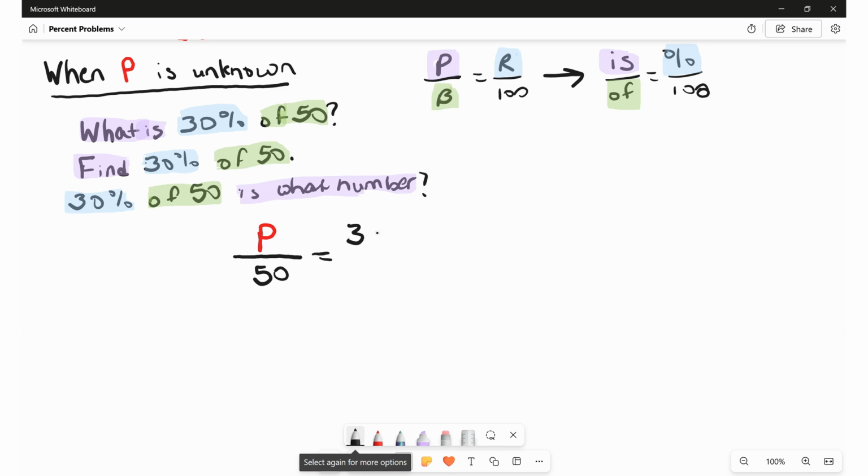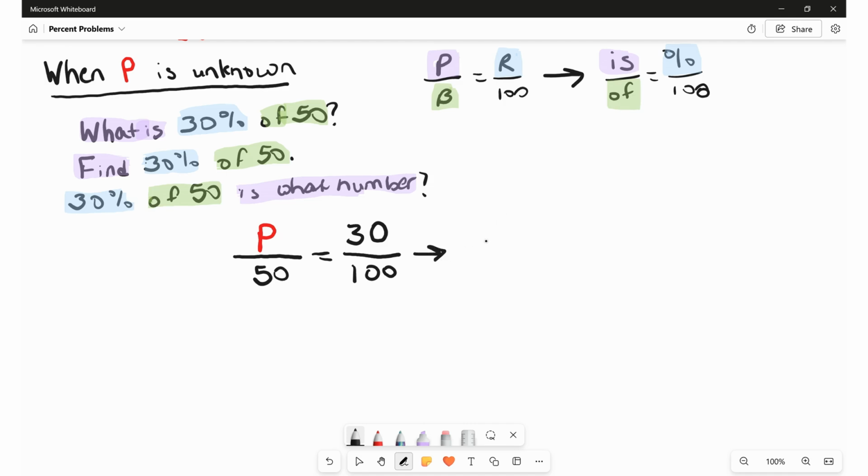We take our percent rate and write it without the percent, because remember, the definition of percent is for each 100 or per 100. So rather than writing 30 with the percent symbol, we write 30. And then for the word per, we write our fraction line and then 100. Okay. And now we are ready to solve this.